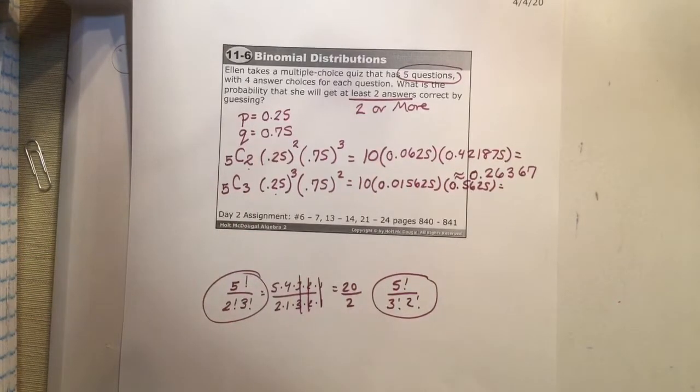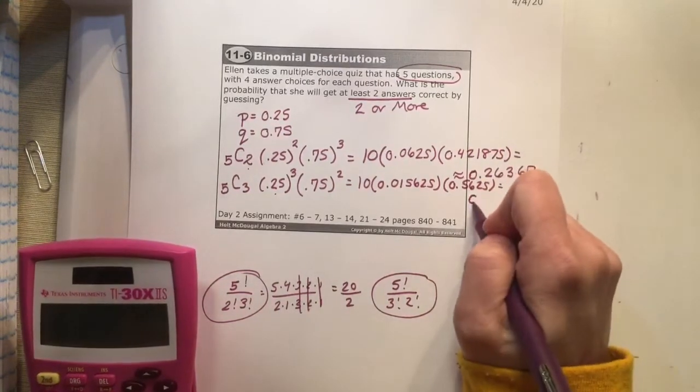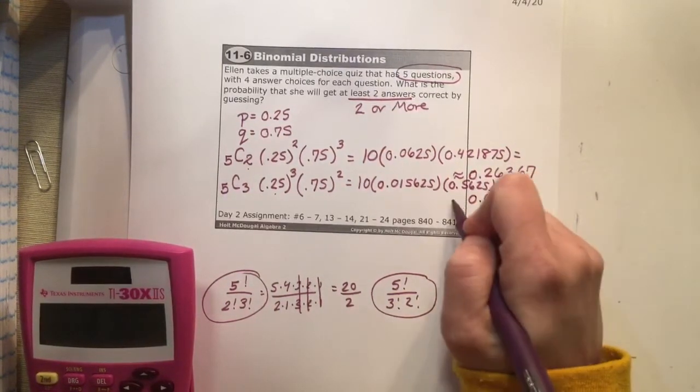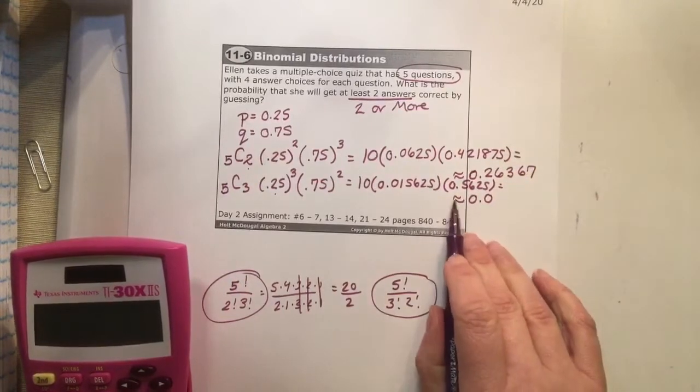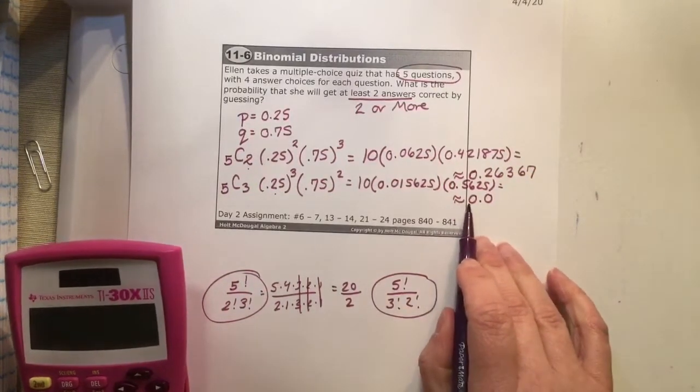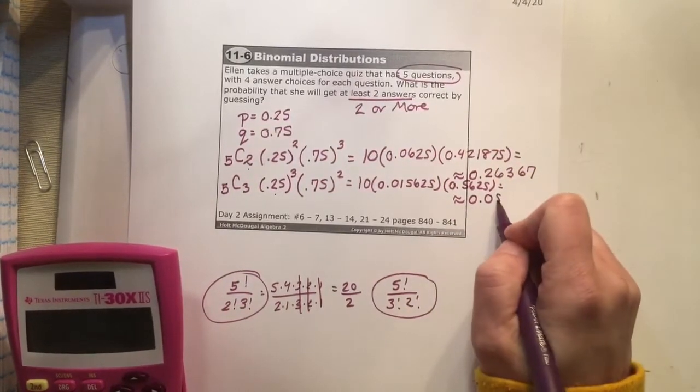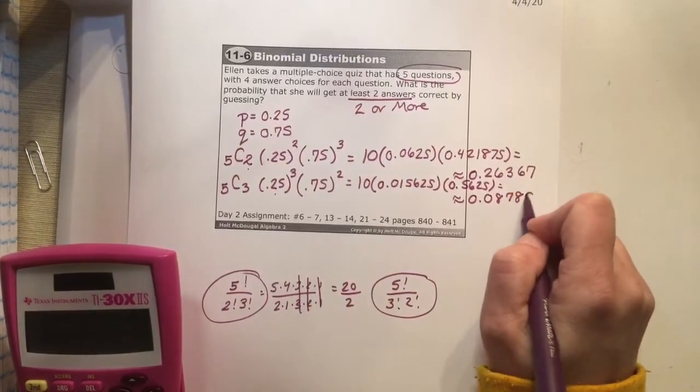So 10 times 0.015625 times 0.5625. If I multiply those, I have, and again, I'm estimating this, I'm going to put that approximate symbol, 0.08789.